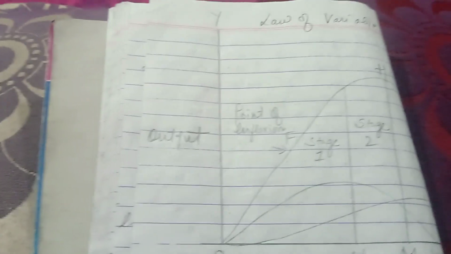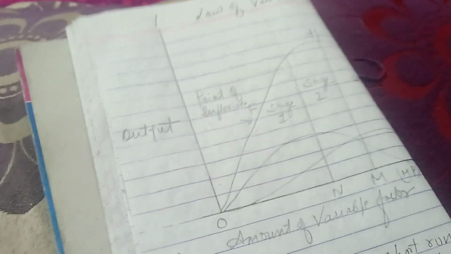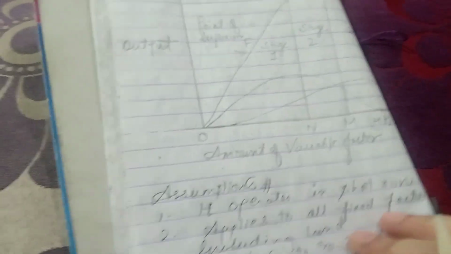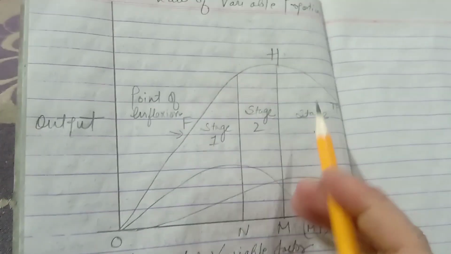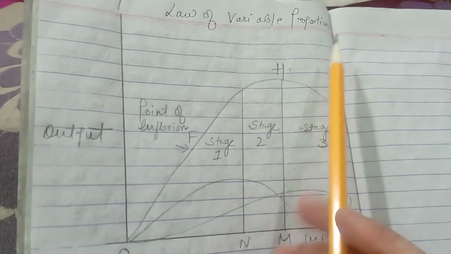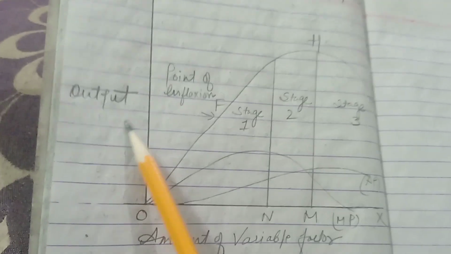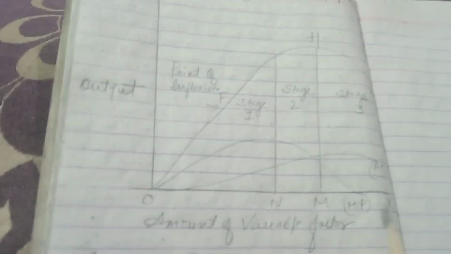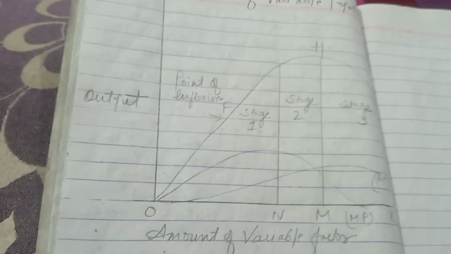Now let us take the diagram, and through this diagram we will get the concept clear of what exactly this law of variable proportion means. You can see the y-axis is for the output and the x-axis is showing the amount of variable factor.